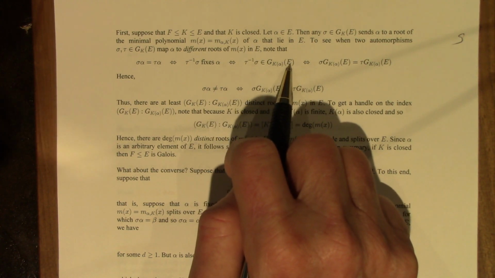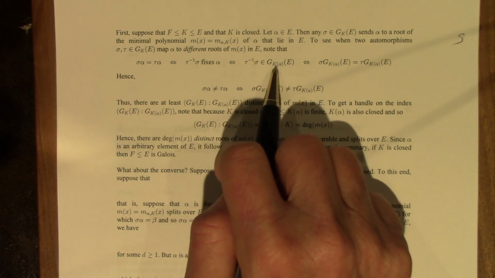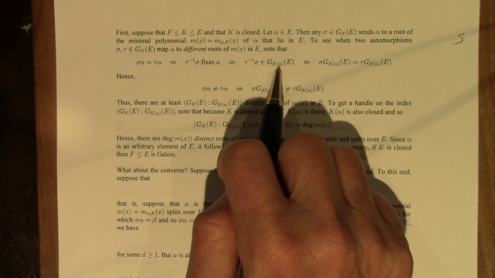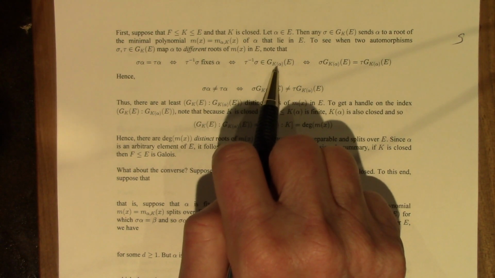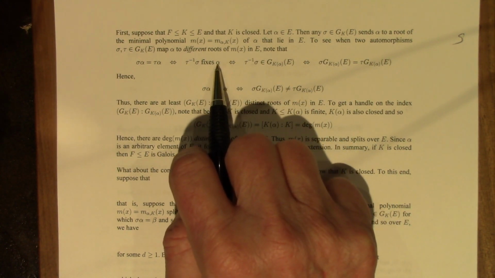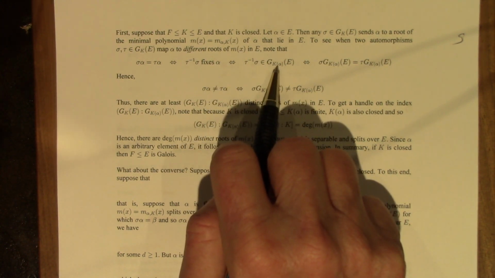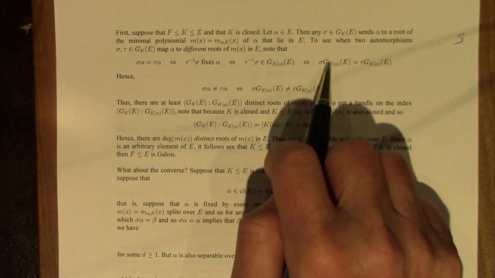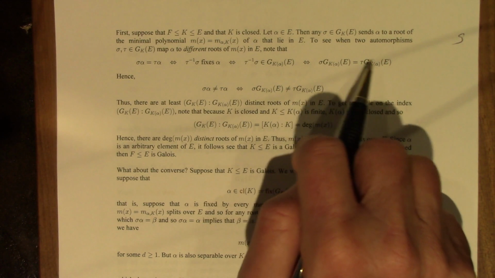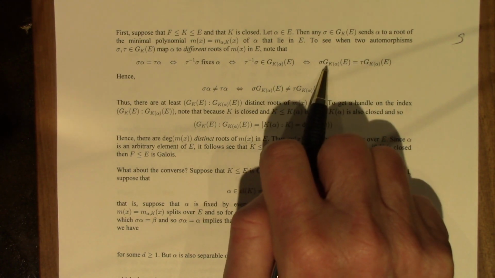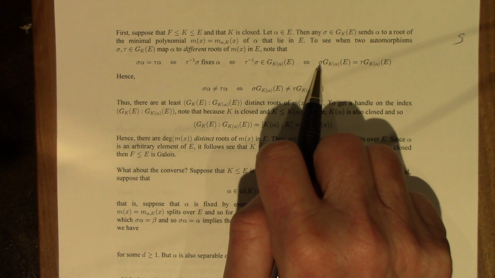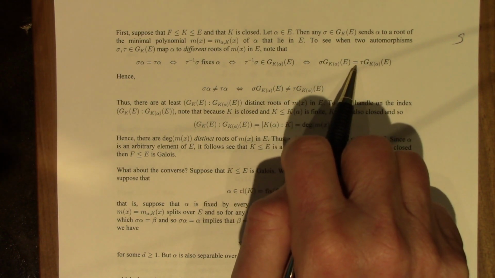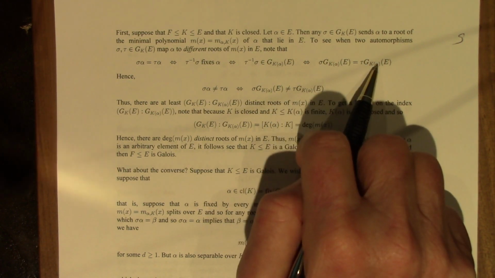It's the automorphisms of E that fix K with alpha adjoined. Since these automorphisms fix K, they will fix alpha if and only if they fix K with alpha adjoined. And that's equivalent to saying that the cosets of this Galois group with representatives sigma and tau are equal cosets, the same coset.